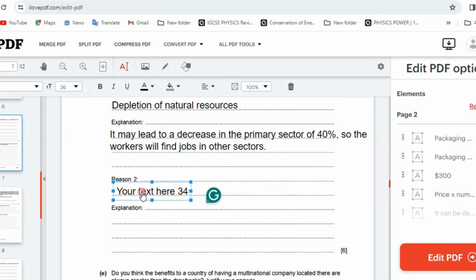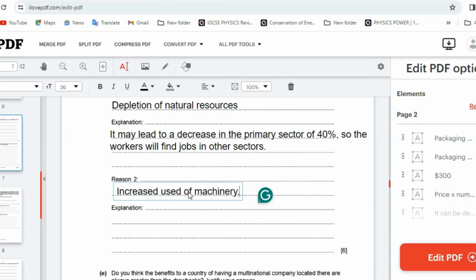The second reason is increased use of machineries.